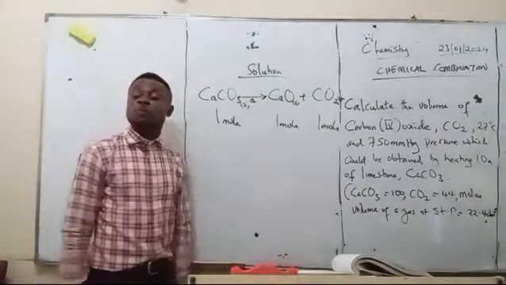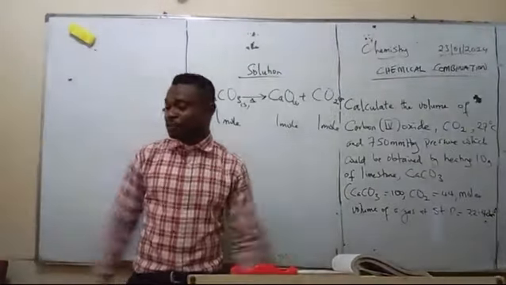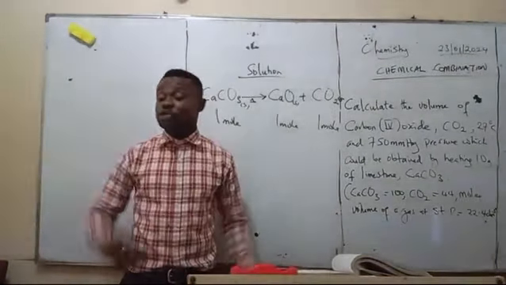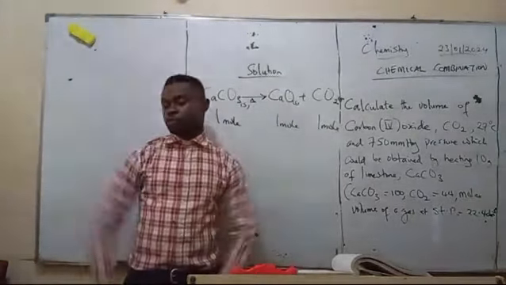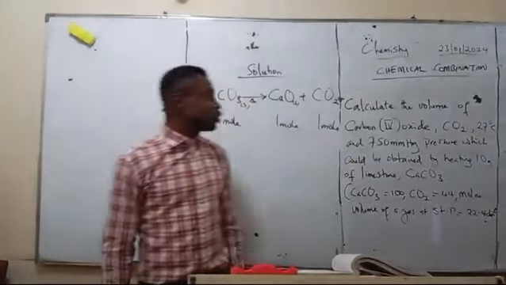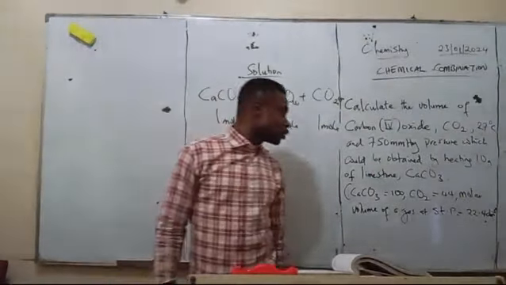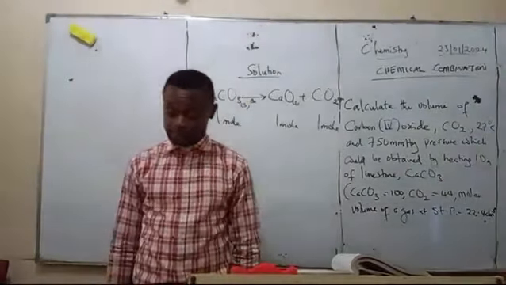Therefore, 0.1 mole of carbon dioxide will occupy what? If you cross multiply, you get 2.24 dm cube. So the volume of carbon dioxide liberated is 2.24 dm cube. Is it clear?